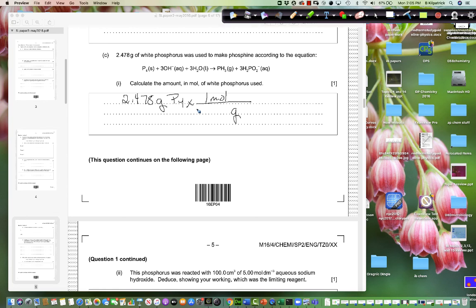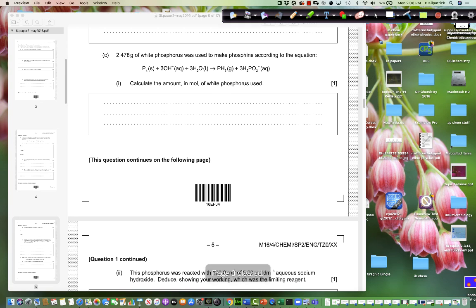I know it's a little annoying, but it helps to ensure that you're going to get whatever answer they plugged in. So it's 123.88. If you plug in that number, that's going to give you 0.02, and then go to 4 significant figures here, and that would give you exactly what they had. So whenever we're calculating a molar mass, just go ahead and use the full number for paper 2 and paper 3. It's going to make your life a lot easier with significant figures.